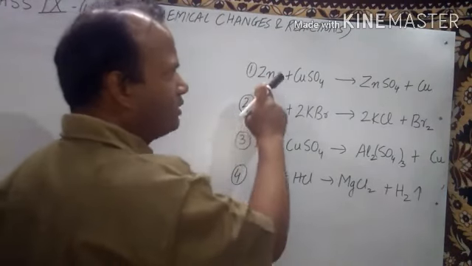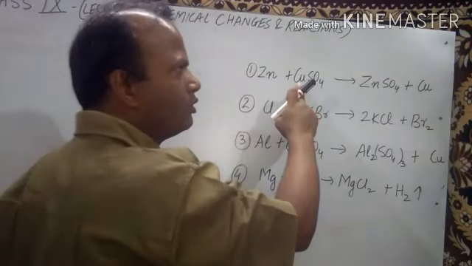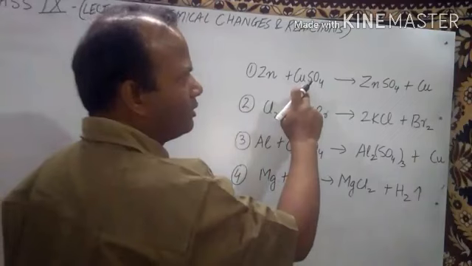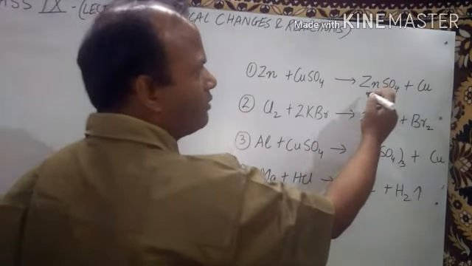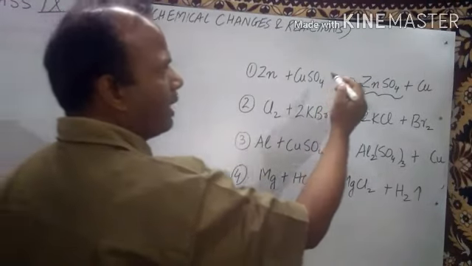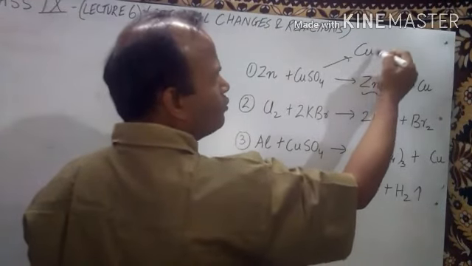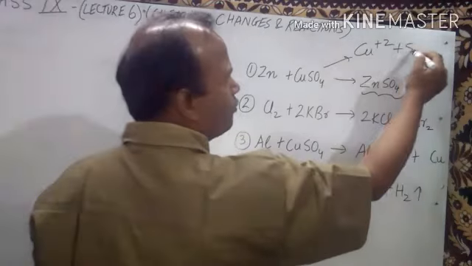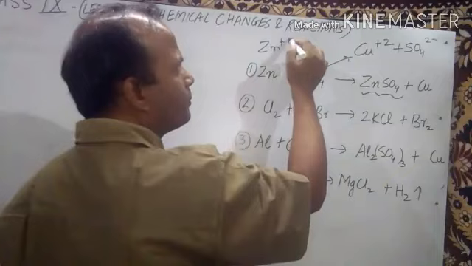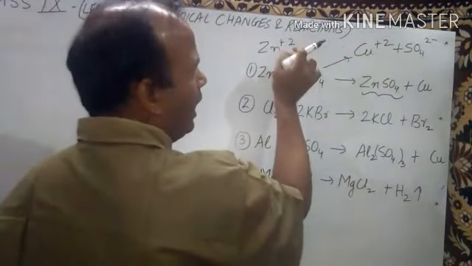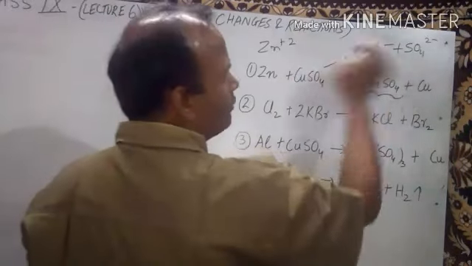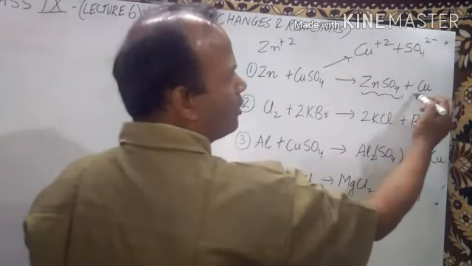Because in the reactivity series, zinc is above copper, so zinc takes its place. And why is zinc sulfate formed? Because if you want to see the mechanism, Cu is +2 and sulfate SO4 is 2 minus, and zinc also has +2 valency, so it displaces, and that's why the formula is zinc sulfate. This way you can check, and plus copper you are getting.